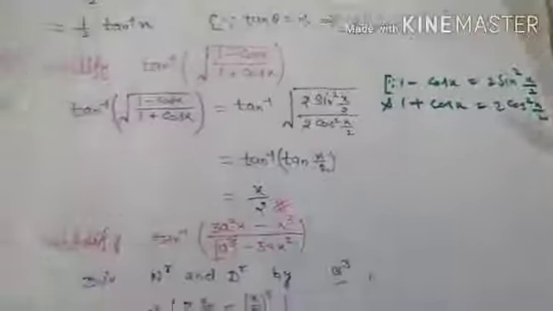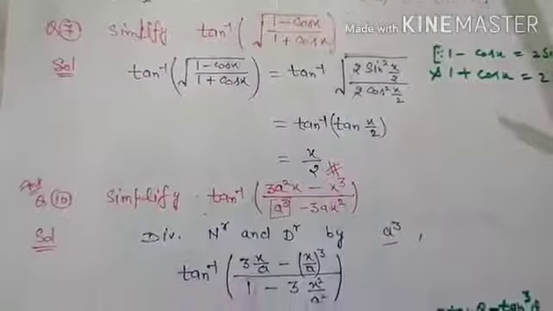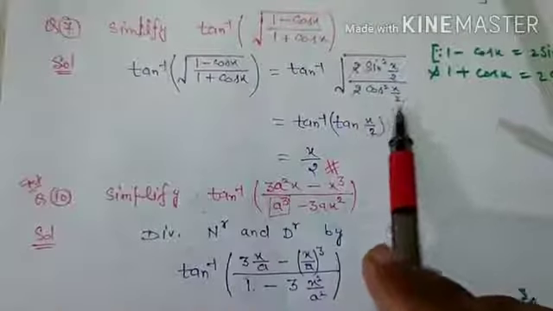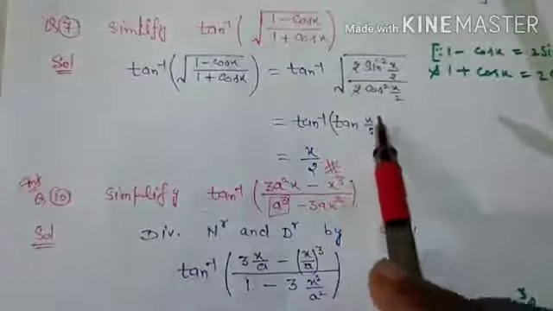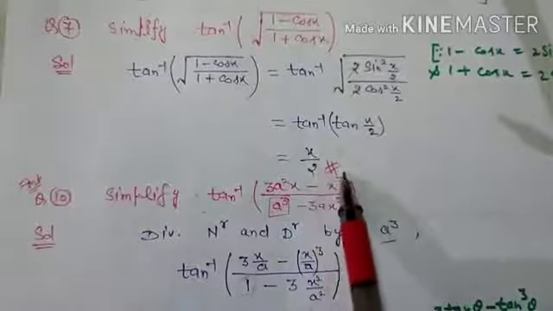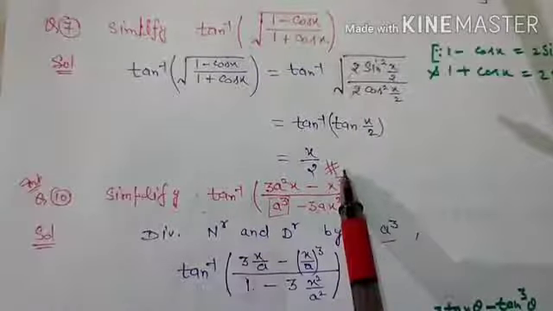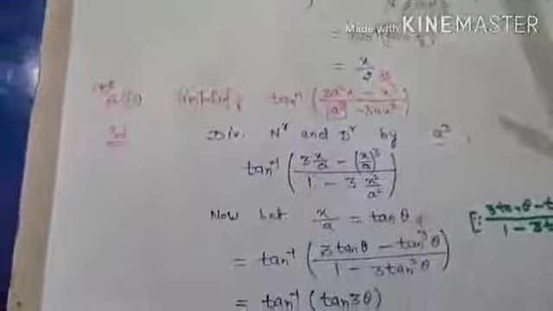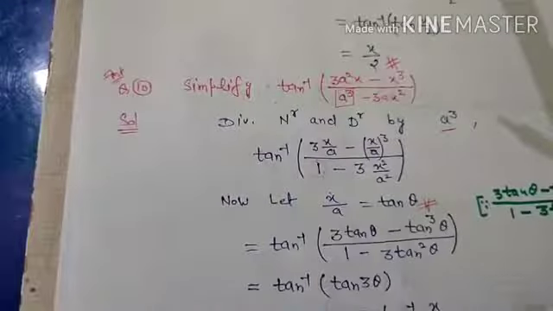If we replace this formula here, we'll be getting 2 sin square x by 2 upon 2 cos square x by 2. Just reduce it, we'll be getting tan x by 2. Tan inverse and tan cancel each other, then x by 2 will be the simplified form.